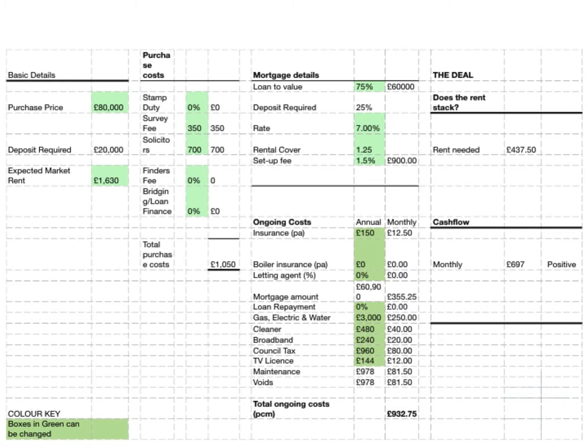We then move over to the mortgage details and the ongoing costs and look at what some of the costs might be there. So if you've got a 75% loan to value, then you've obviously got a deposit, which you can work out how much that deposit's costing you. In this example, I'm using a figure that's more likely to be the sort of rate that you pay on a commercial lending, where you're not paying interest only, you're paying interest and repayment.